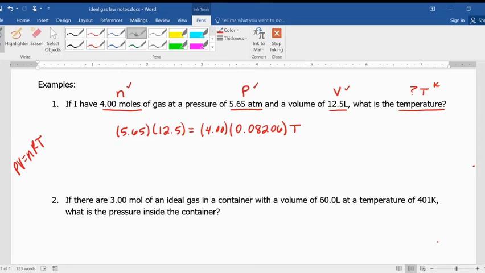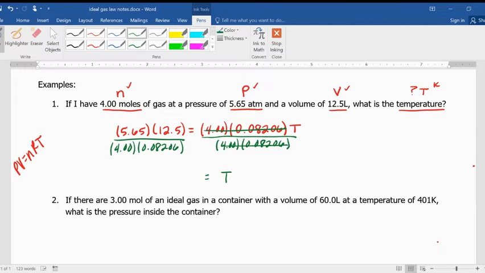So all we have to do in order to solve for T is divide by 4 times our value of R. And over here, those 2 numbers cancel. And so we want to plug into our calculator 5.65 times 12.5 divided by 4, and also divided by our ideal gas law constant.